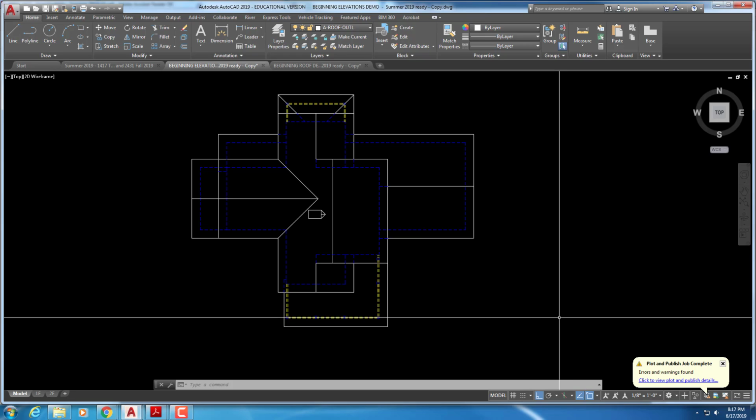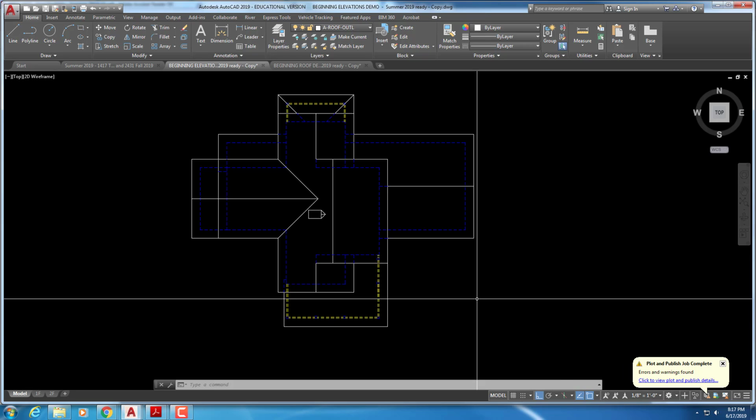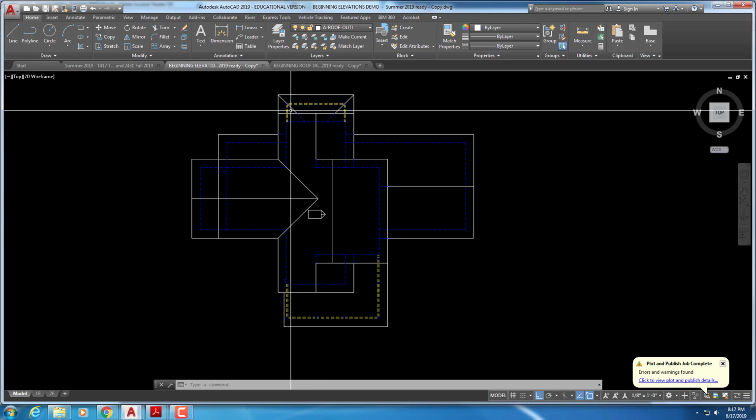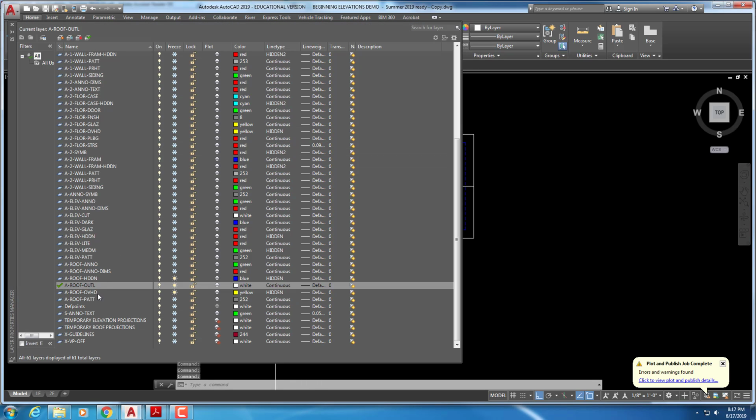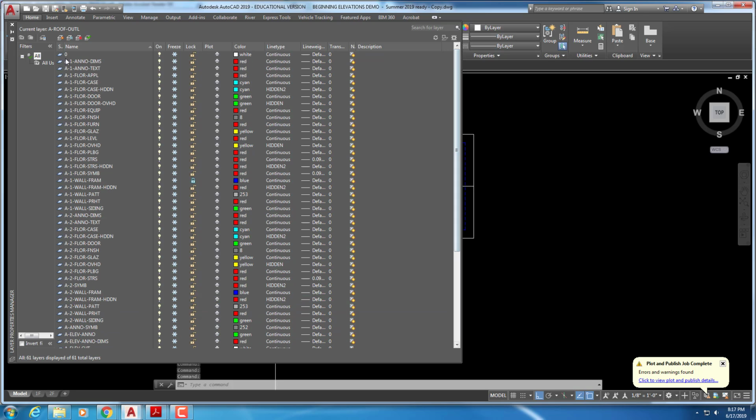At this point, I think I would go ahead and also set up a separate roof layer state, because you'll have this as a separate drawing anyway. So go back to layer properties and make sure that all the roof layers are actually thawed and turned on, and I would set 0 as current.